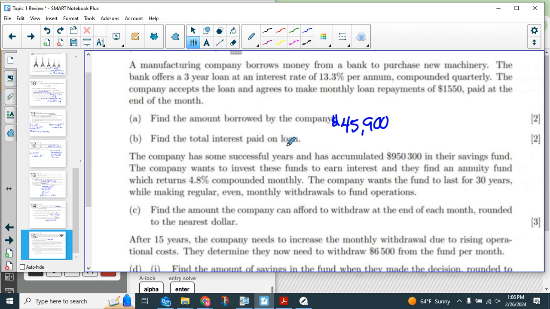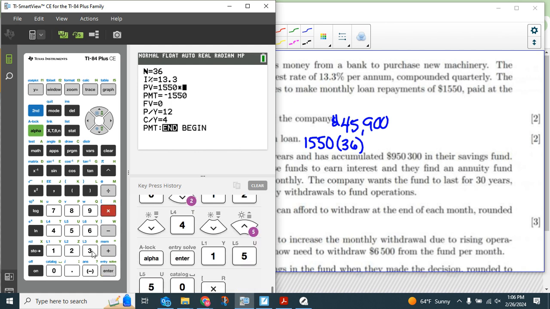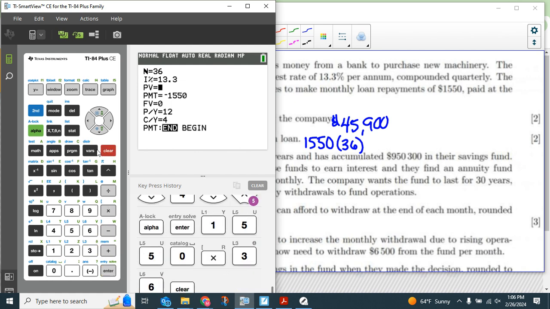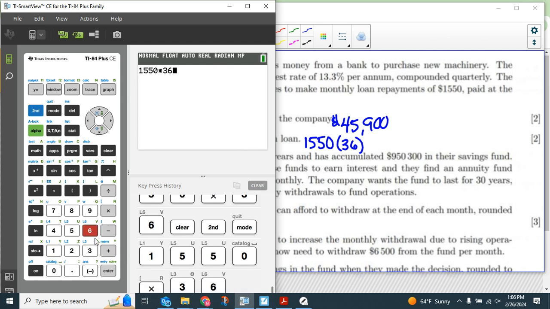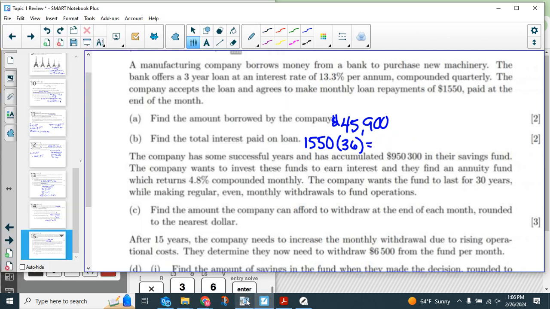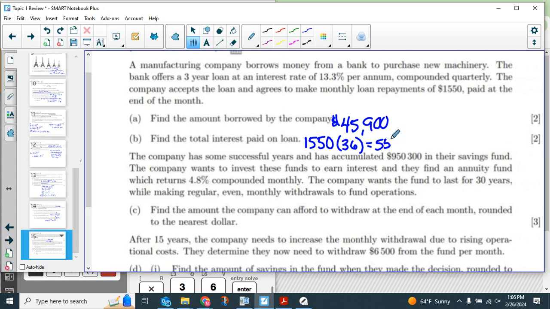Okay, so find the total interest paid on the loan. Well, they paid $1,550 every month for 3 years, so that's 36 payments. So we do 1,550 times 36. All right, so they repaid $55,800.